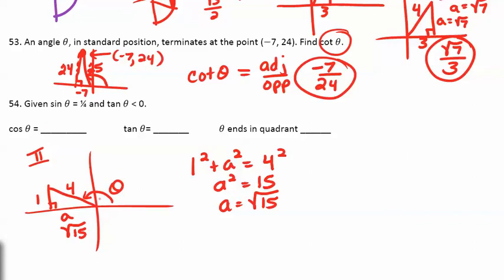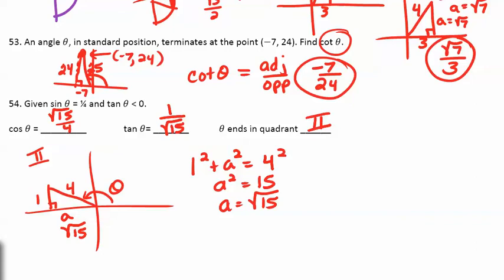So the cosine of our angle would be the adjacent leg over the hypotenuse. And our tangent would be the opposite leg over the adjacent leg. And you could rationalize that denominator if you wished. And theta ends up in what quadrant? That would be quadrant 2.